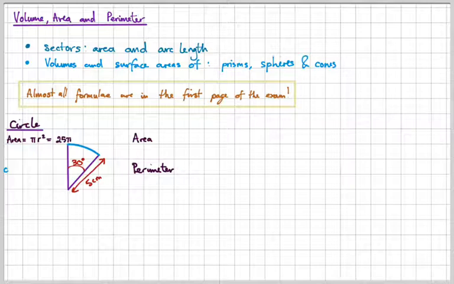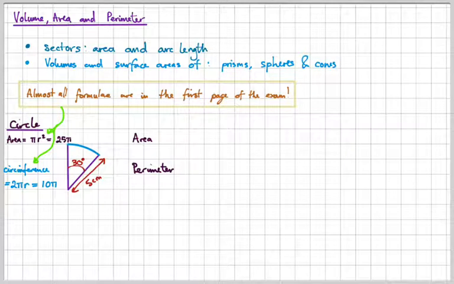If we were looking at the circumference, i.e. how long the whole of the pizza crust would be, in the formula booklet you can find that formula, 2 pi r. So for this question, the whole crust of this pizza would be 10 pi. Great. Now we just need to work out the area of this pizza slice, or this sector.